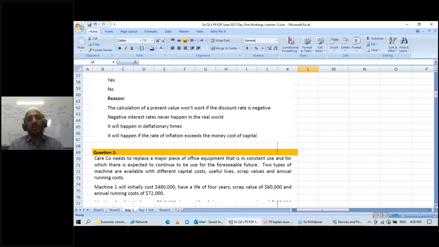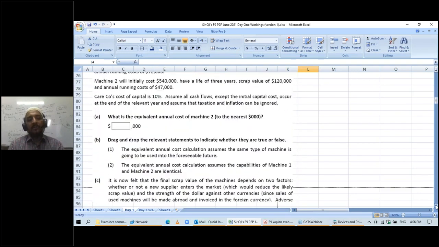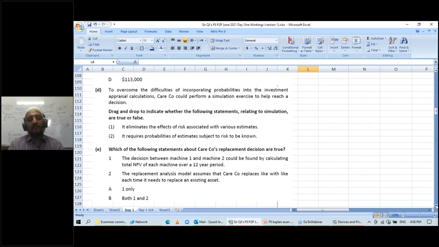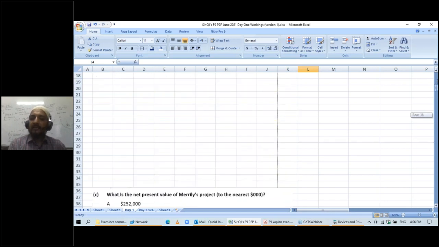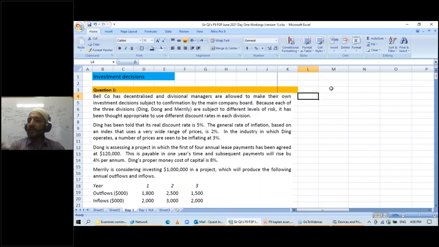Then you see question 2 appearing on the screen, then comes question 3. Likewise the questions will keep appearing on the left side of the sheet, and on the right hand side, in the cells, I will be writing the answers, right? You can keep noting the answers from the right hand side, and I also want you to keep a calculator with yourself, so that you can keep doing the number work on your calculators.